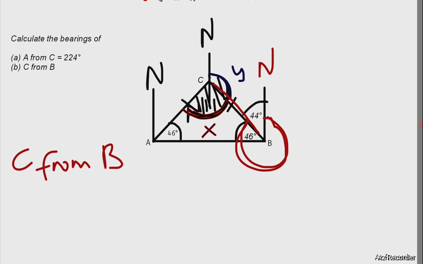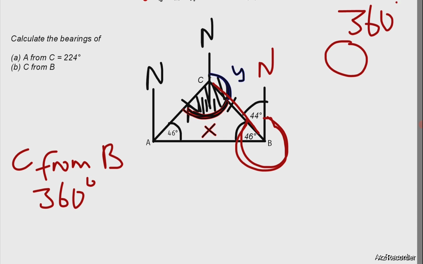We just do 360 degrees, meaning the whole thing going round like this is 360 degrees. But we are not including the 44 in our bearing. So here we are going to get 360 minus 44.